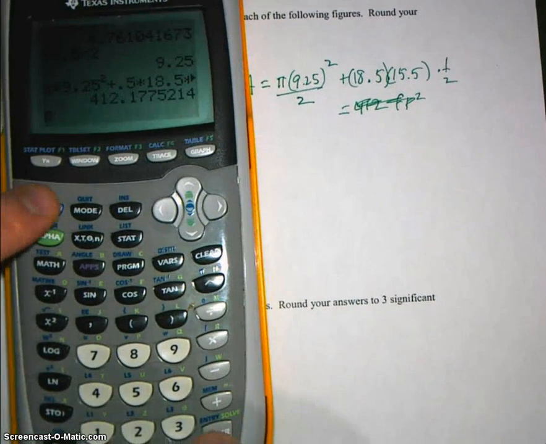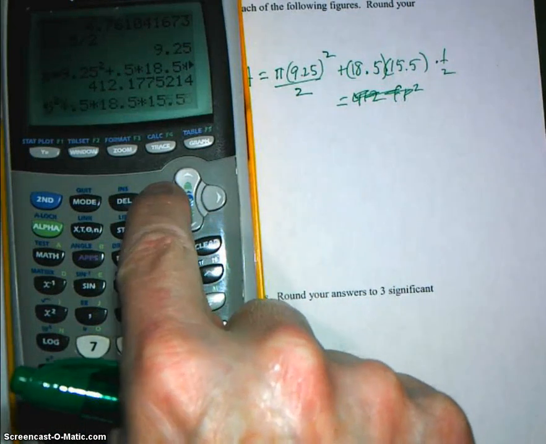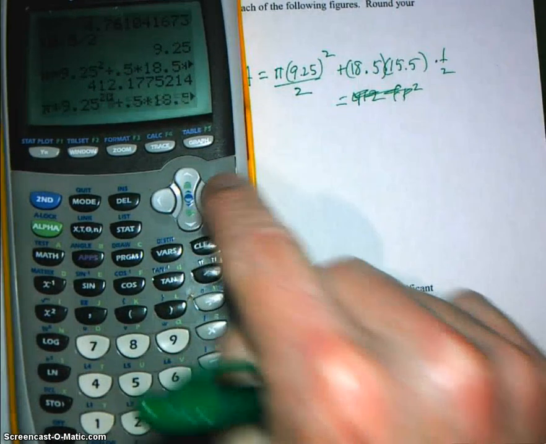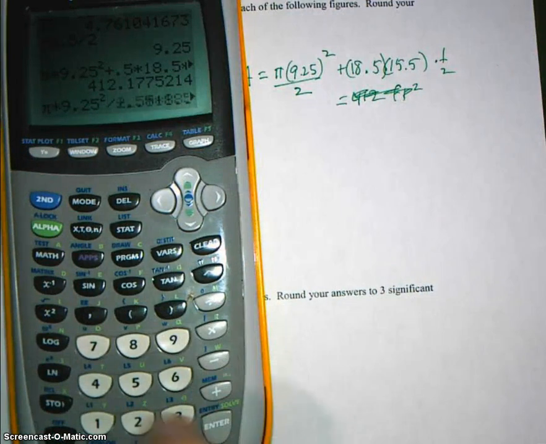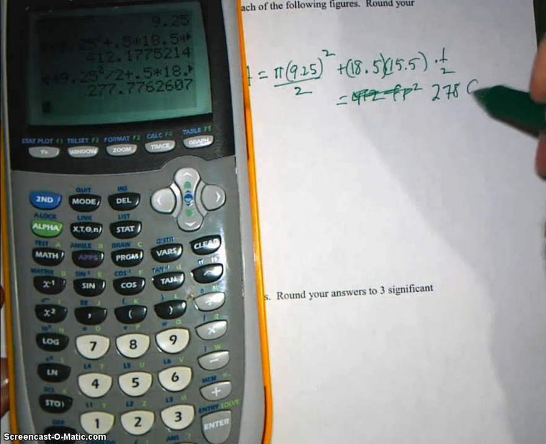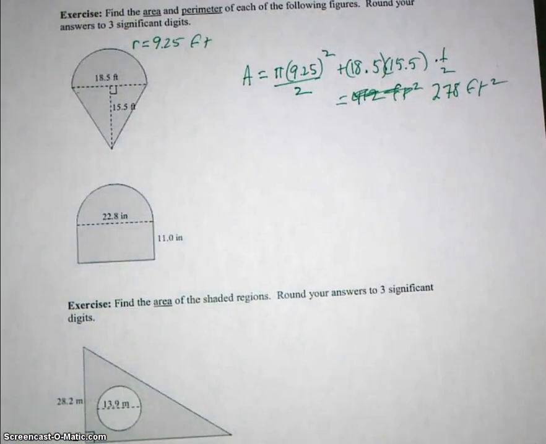So I did second enter on my calculator. That pulls up the last thing I typed in. And then I can insert the divide by 2. All right, so it should be 278 square feet. Watch out for that. I missed that we had half a circle there.